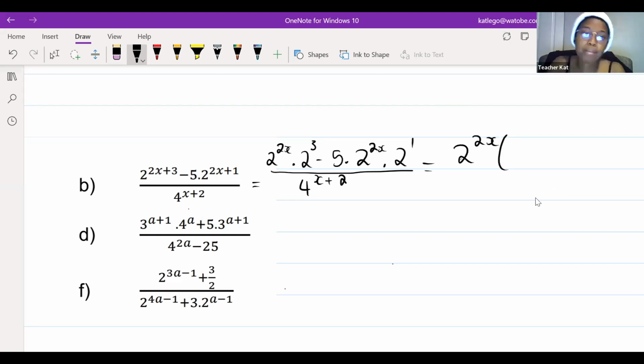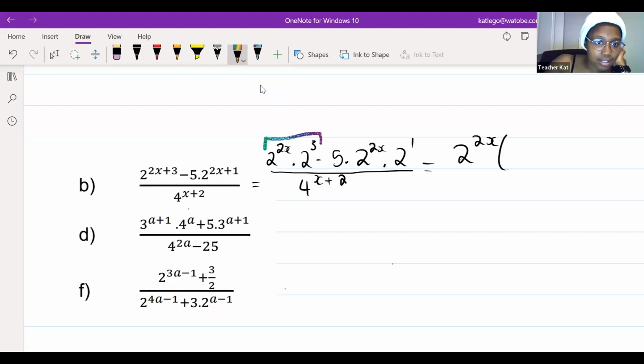What is left over in my first term? In the numerator, we are taking out 2 to the power of 2x here. So what's left? What's left over? Nope, not the minus 5. I've included the minus 5. It's not supposed to be there. Sorry. Undo, undo, undo. My first term ends there. What's left in the first term, guys?